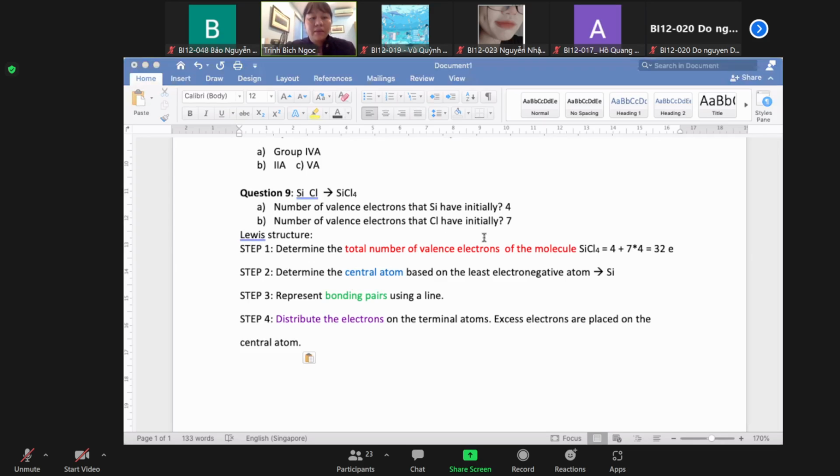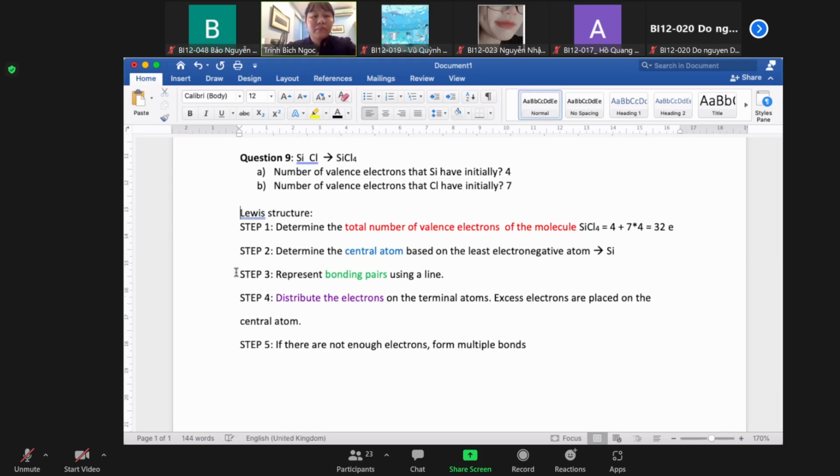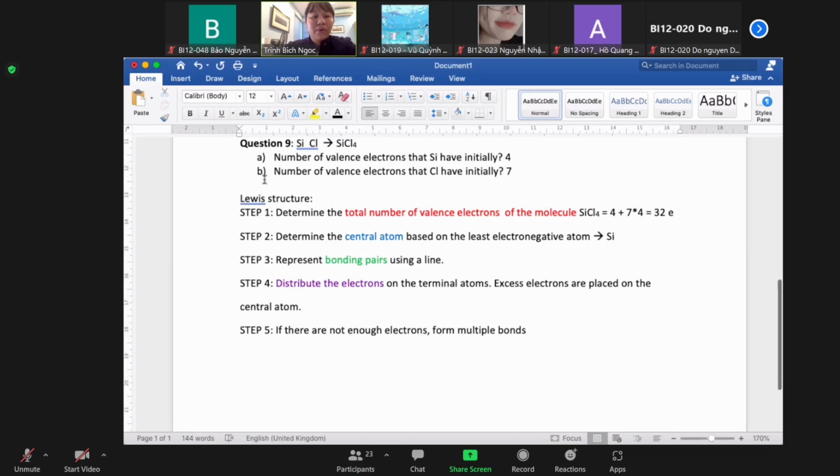And then for step 5, if there are not enough electrons, form multiple bonds. We'll see some examples after. So this is for the Lewis structure. So we are able to write the Lewis structure for silicon chloride.